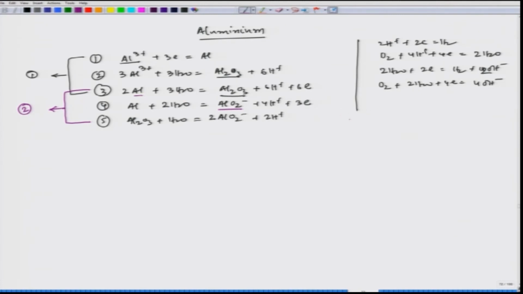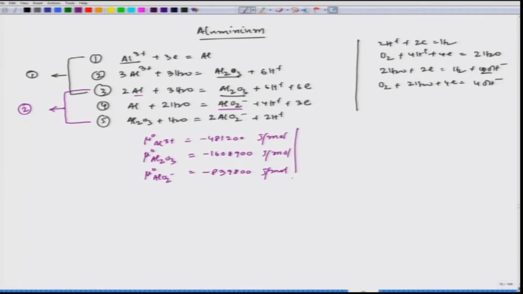You already have the water data, and then you only need mu0 of Al3+ equal to minus 481,200 joule per mole, mu0 of Al2O3 equal to minus 1,608,900 joule per mole, and mu0 of AlO2- equal to minus 839,800 joule per mole, and remember mu0 of Al would be 0.